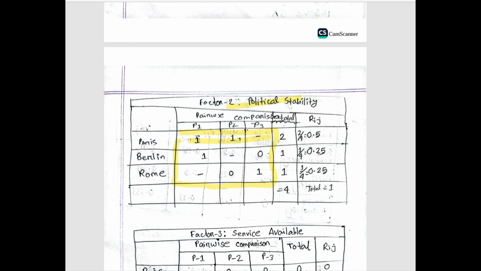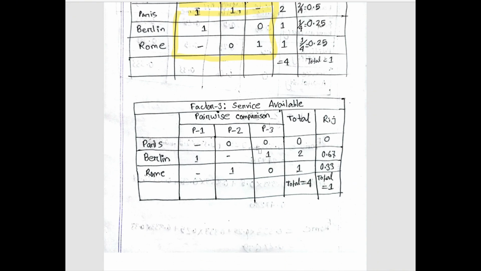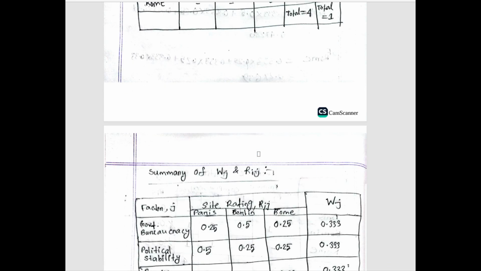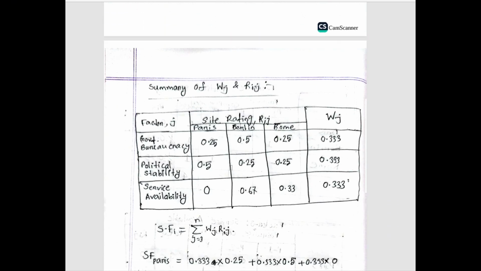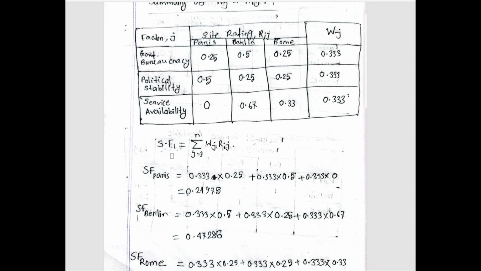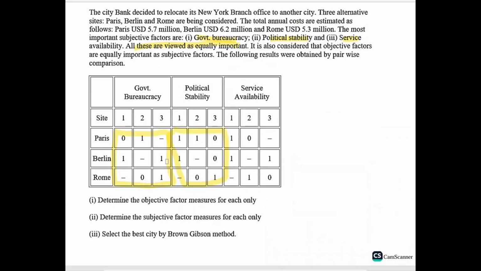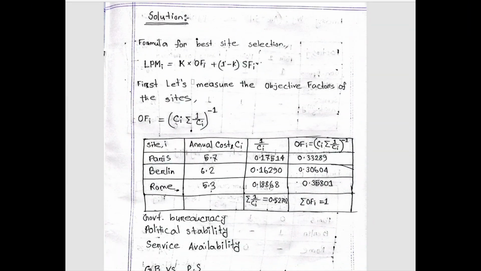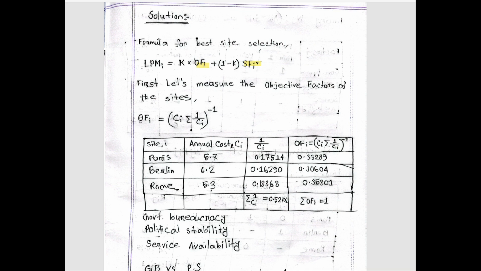The RIJ factor for political stability for Paris would be 0.5. The RIJ factor for Berlin for political stability is 0.25, and so on. And the same goes for service availability. Now we have calculated the WJ factors and RIJ factors, and we will calculate the subject factors for Paris, Berlin, and Rome, because in the formula, objective factors and subjective factors, we will need to calculate the LPM value.